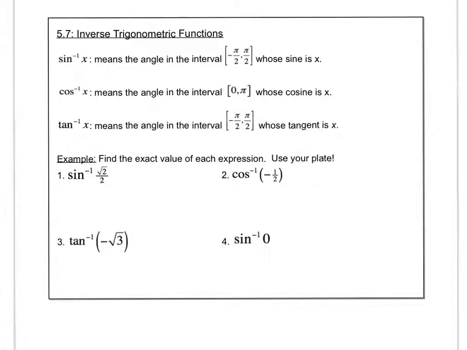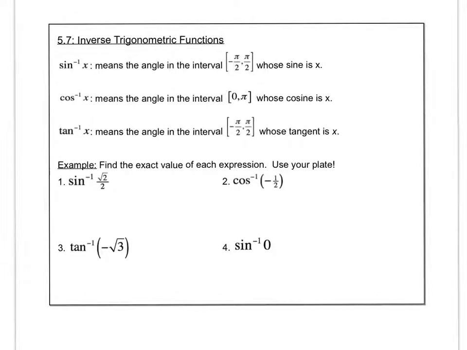All right, so again, we're looking at inverses. Inverse means the opposite. So when you see sine -1, it's read as the inverse of sine. What it means to do is to find the angle in the specific interval.